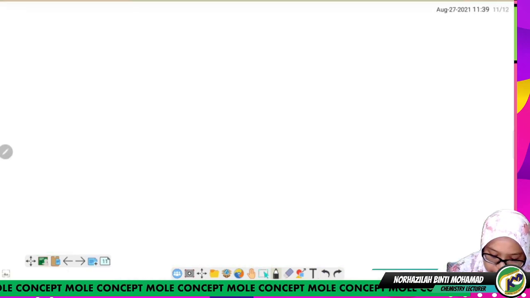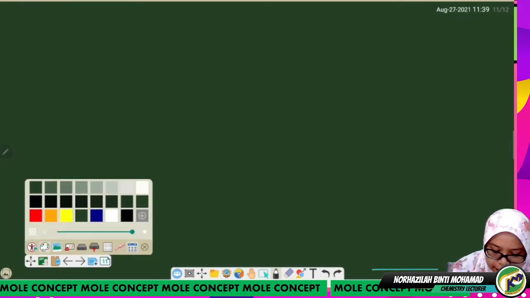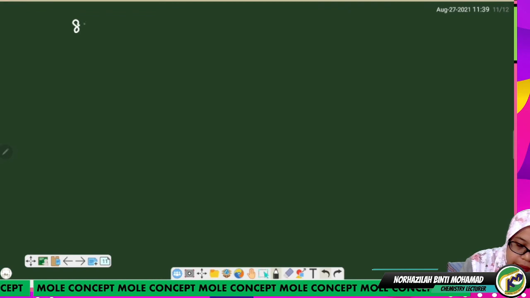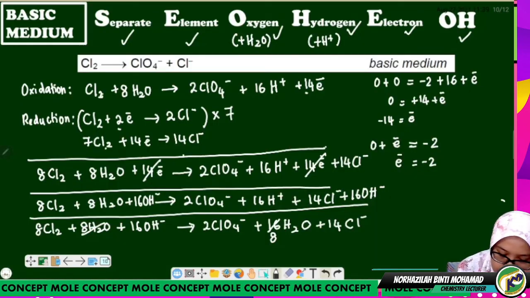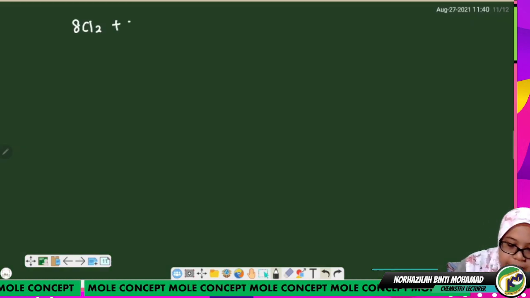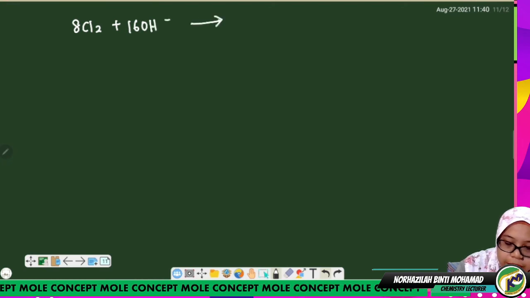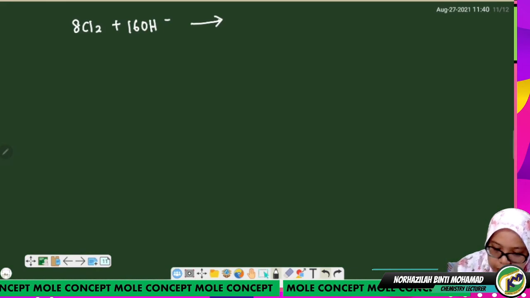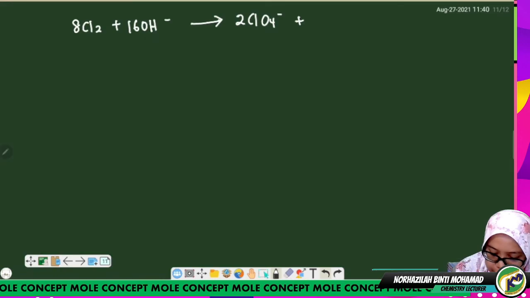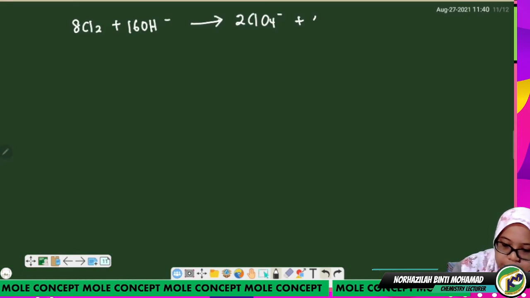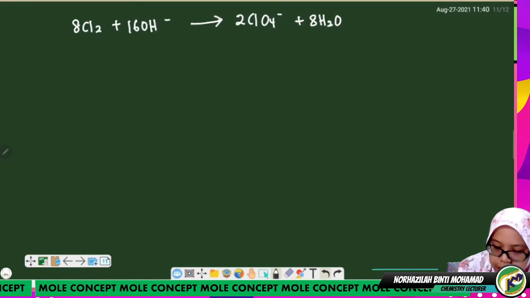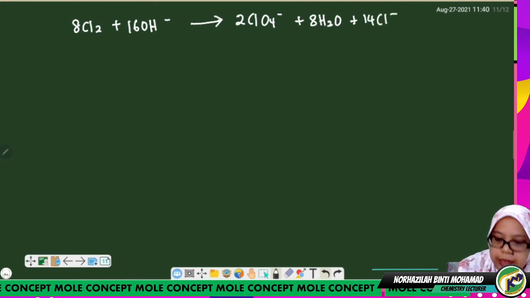So from the equation I have 8Cl2, and then we don't have any H2O, plus 16OH minus produce 2ClO4 minus plus 8H2O plus 14Cl minus.